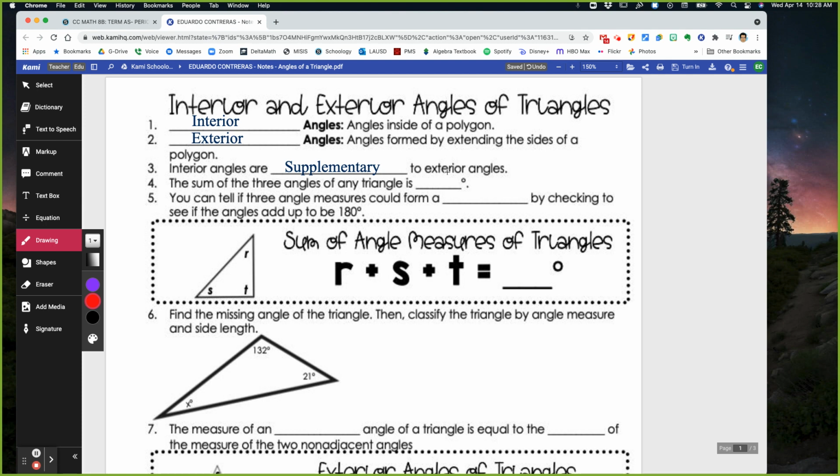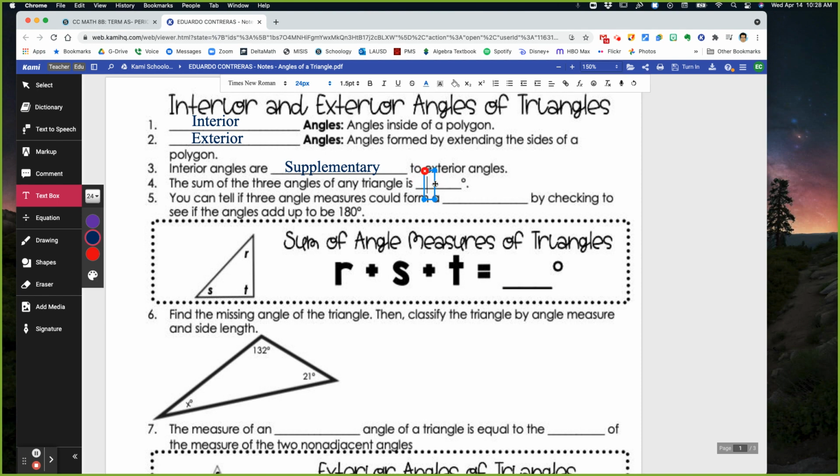The sum of 3 angles of a triangle is 180 degrees. So I'm wondering, did anyone know that already? If you add up the 3 angles inside of any triangle, it's 180 degrees. Some people are saying I did not know that, or no. Now you know.